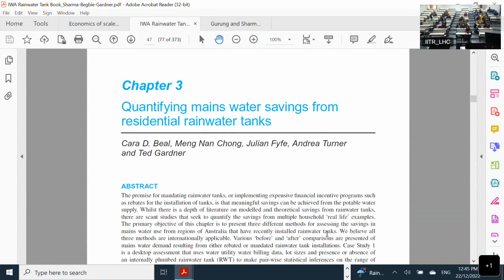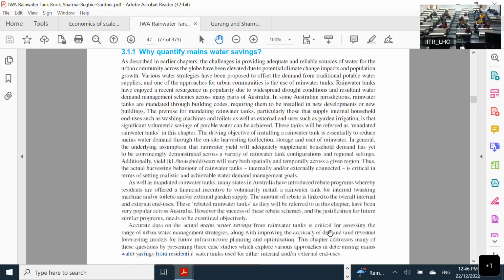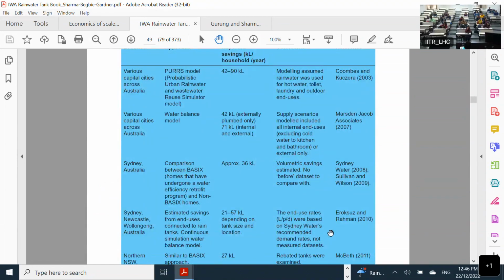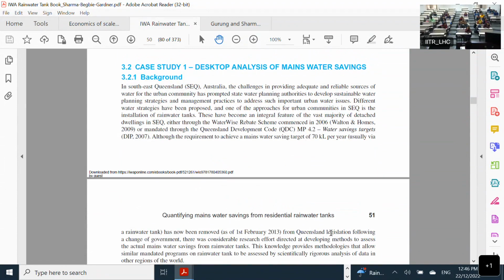Another aspect I talked about is the impact of rainwater tanks on mains water saving. That analysis can be done by different means, and different approaches have been covered, based on the water billing in the area where we have rainwater tanks and the area where we don't.